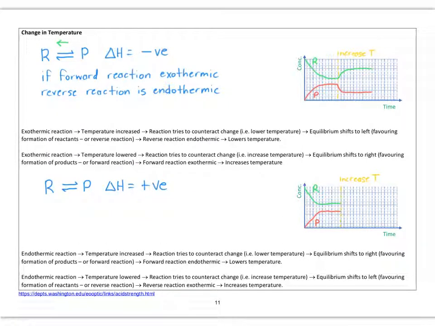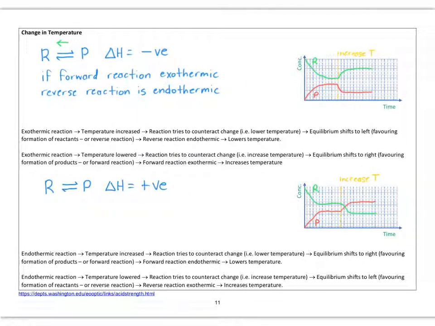So, if the equilibrium shifts to the right to favour products, we get an increase in the amount of products. So the products will go up like that. And if the products go up like that, that means that we're going to use up the reactants. So we will get less reactants forming like such.